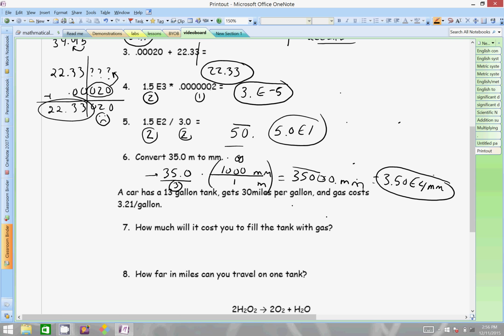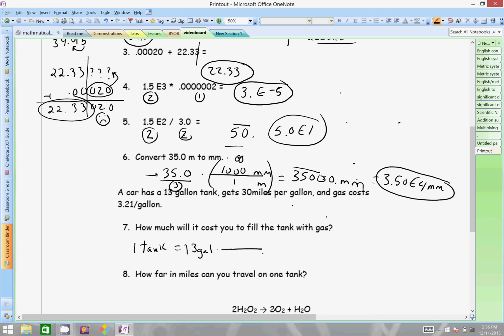In this case, a car has a 13-gallon tank, gets 30 miles per gallon, and costs $3.21 a gallon. How much does it cost you to fill a tank of gas? Alright, so looking more toward factor label here, you could start this at 13 gallons.